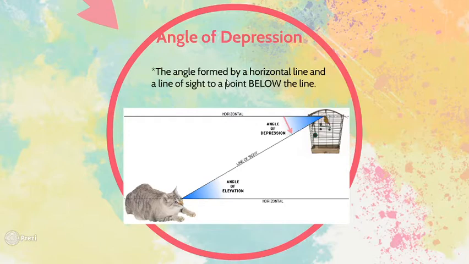So depression in math means to head downward, which I know is a little weird, but anyway, angle of depression is created by a horizontal line and then a point of sight that's below this line. So when the object or the person or the light or whatever it is is heading in a downward motion. Okay, so that's kind of the difference between an angle of depression and an angle of elevation.